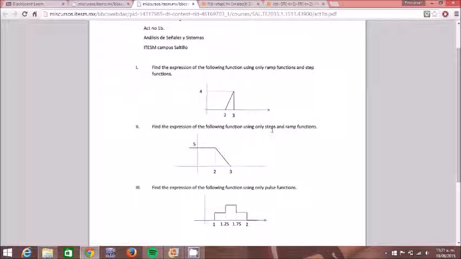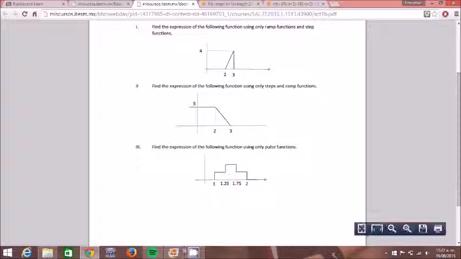It goes through the negatives in the x-axis, and then it stops in the positive 2, and then goes down in the 3, and then stops there.